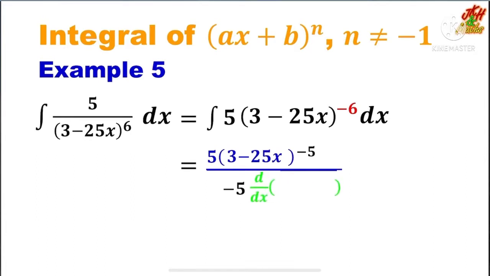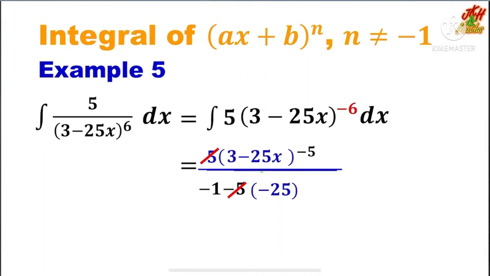Then we differentiate the function 3 minus 25x with respect to x. So it is equal to negative 25. By simplifying this, 5 divided by 5 is equal to 1. Negative 5 divided by 5 is equal to negative 1. So therefore, the denominator is negative 1 multiplied by negative 25, so it gives us the positive value of 25.